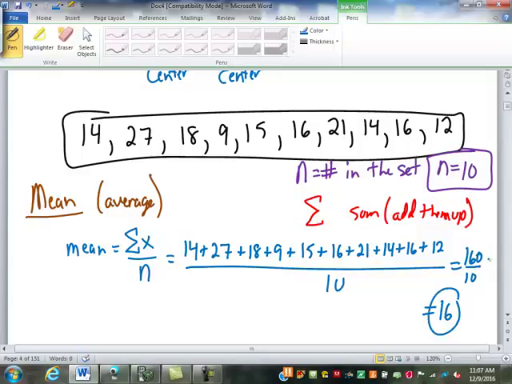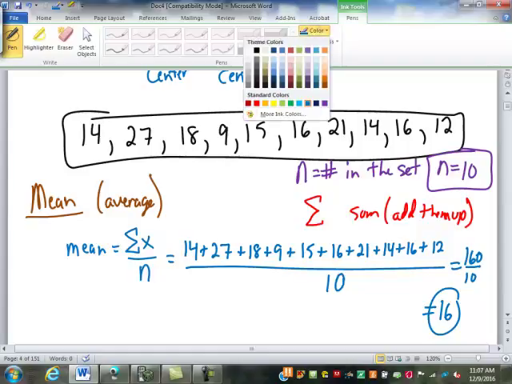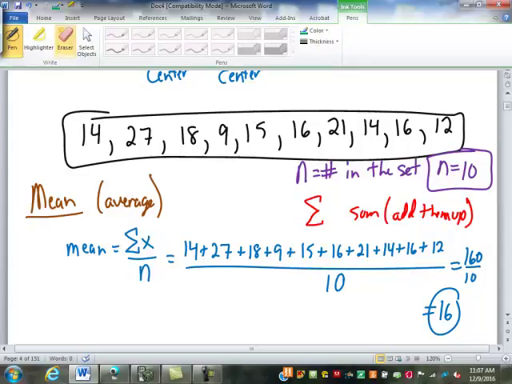Somebody double check me. It's a Friday morning. Who knows where my mind is? 162? That's very possible. 162. I'm slipping. So that'd be 16.2 I'm getting for my mean. 162 divided by 10.